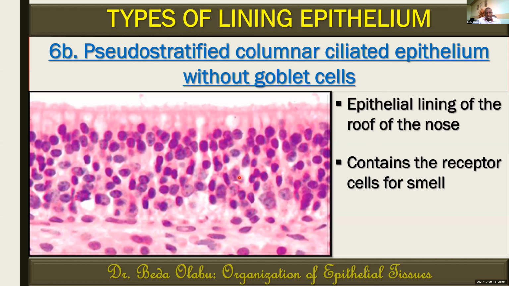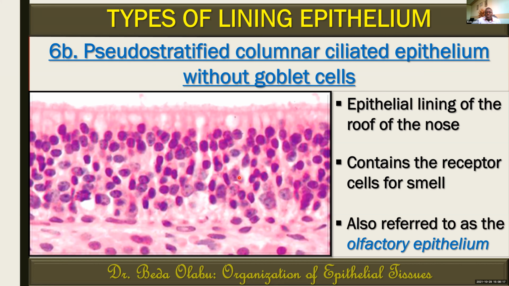Remember, the upper part of the nasal cavity houses the receptor for smell. So this is actually the epithelium that functions as the receptor for smell. For that reason, we call it the olfactory epithelium. That's the second subtype of pseudostratified columnar epithelium.